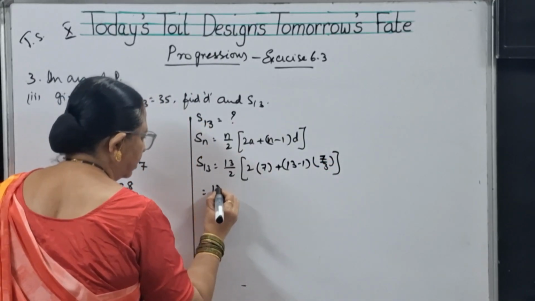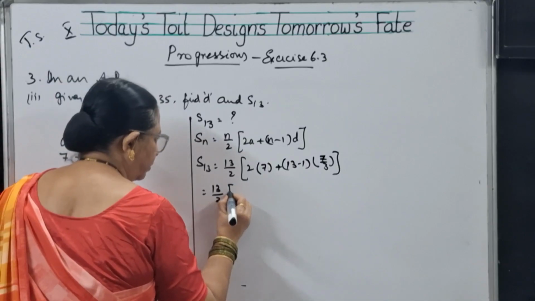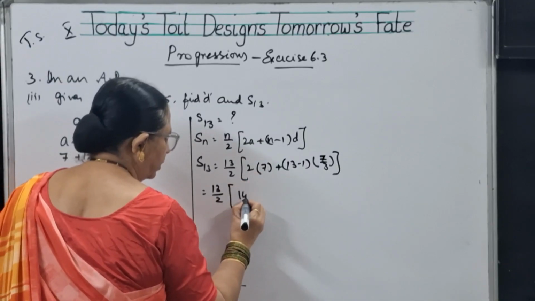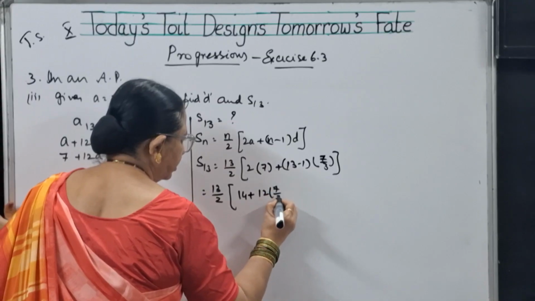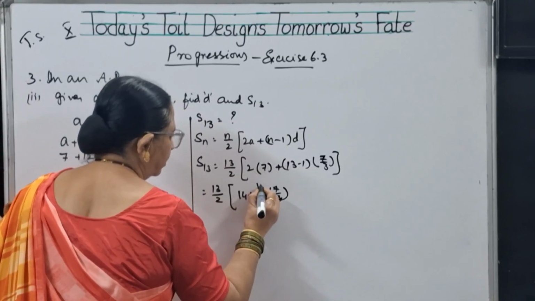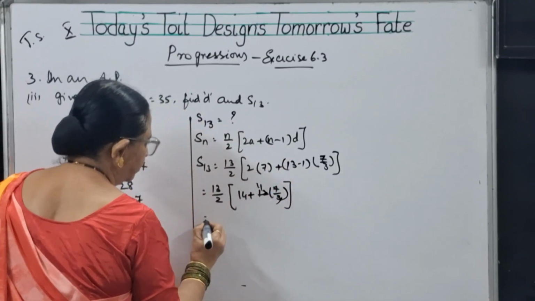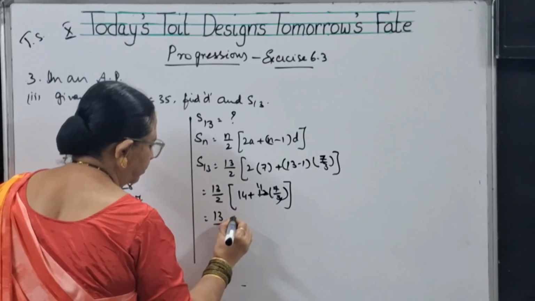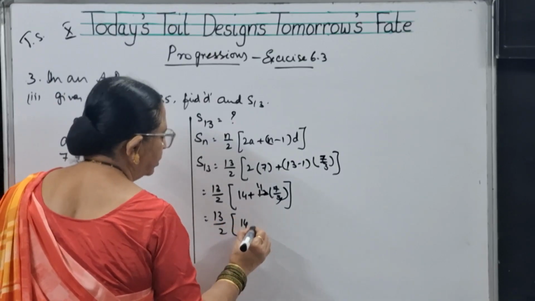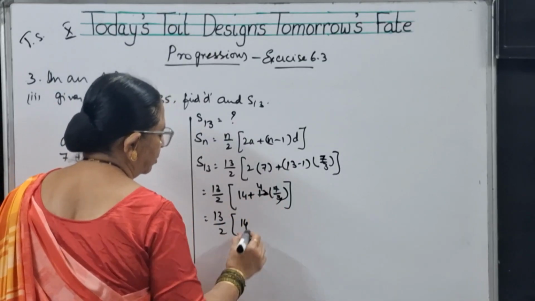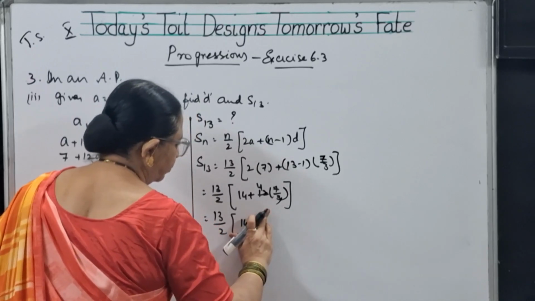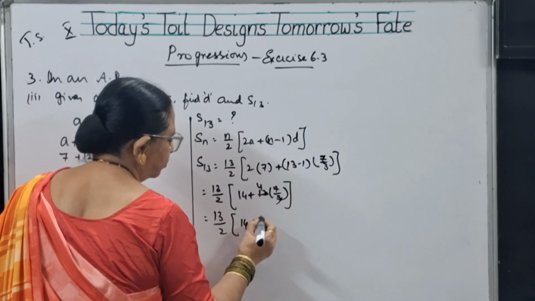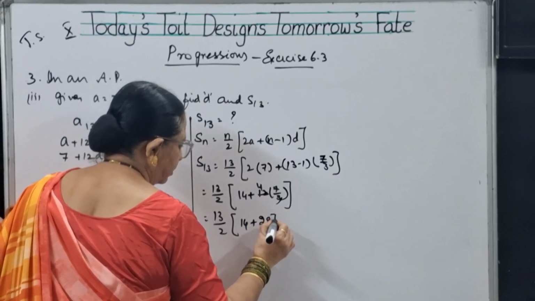This is nothing but 13 by 2 into (2 sevens are 14 plus 12 into 7 by 3). 3 fours are 12, so 4 into 7 is there here. 4 sevens are 28.